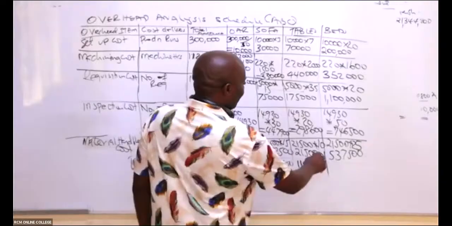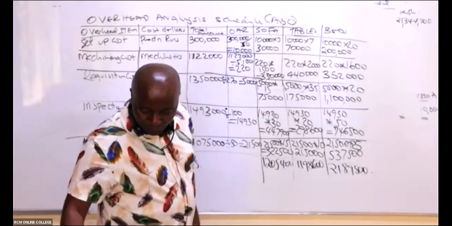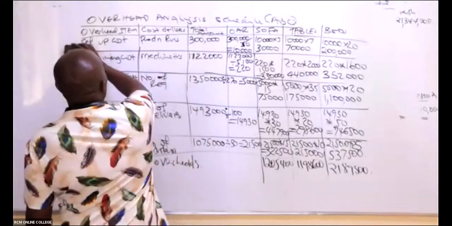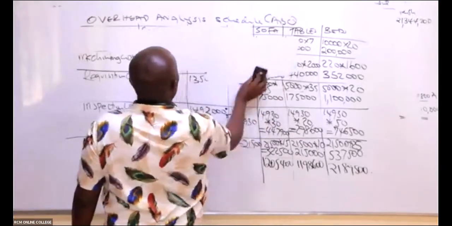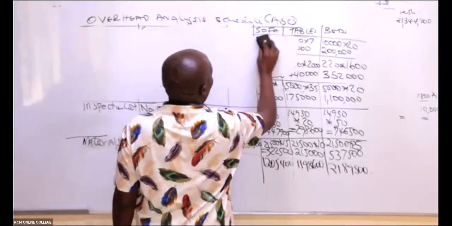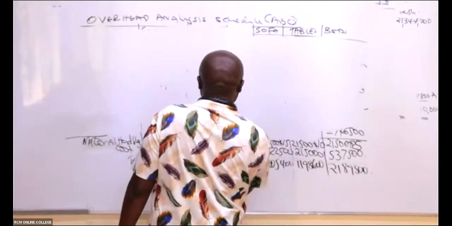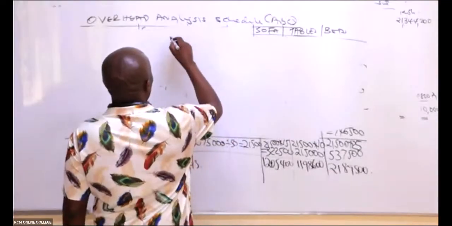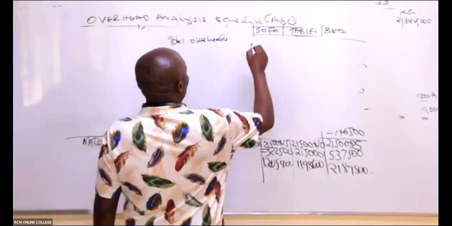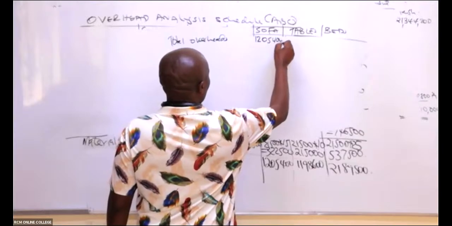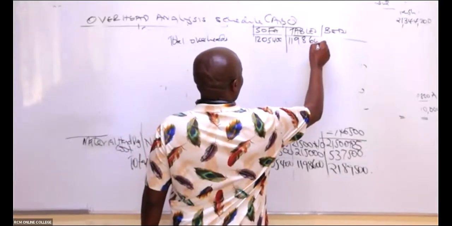189,500. So I will continue with that table, but mine, because of scarcity of space, oh, this figure is wrong.